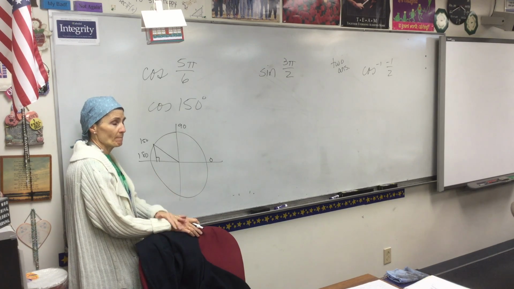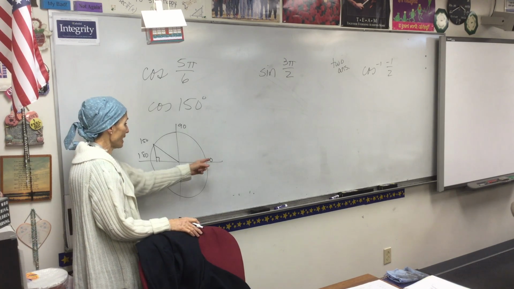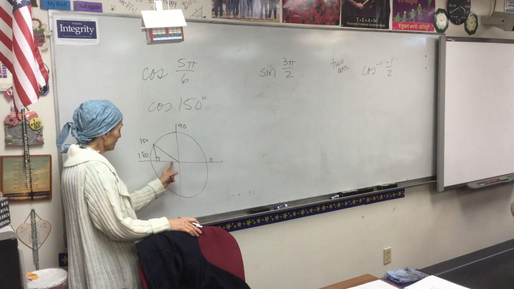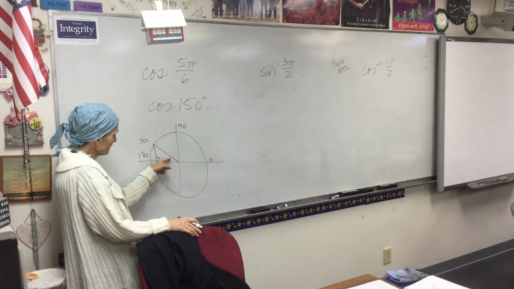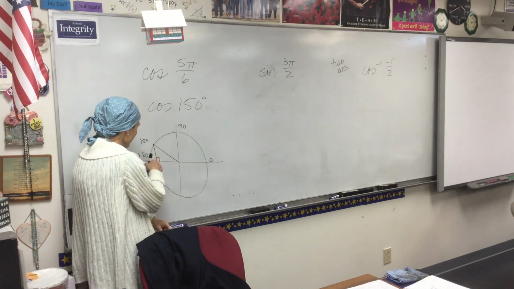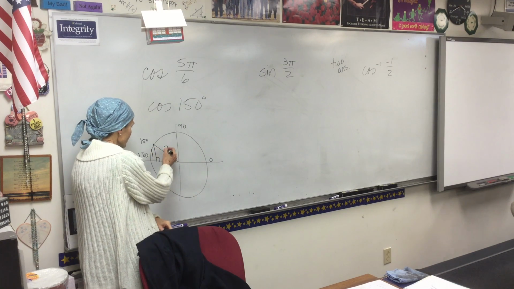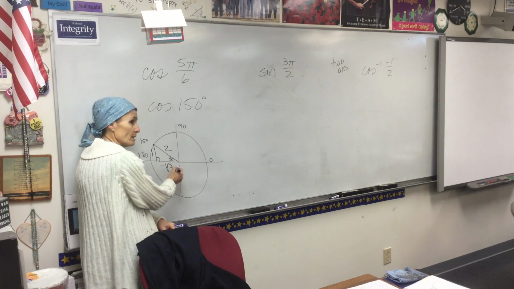Remember, normal math is labeled this way. Now, here's the key. How big is that angle right there? 30. 150 to 180, that's 30. So 1, 2, negative root 3.